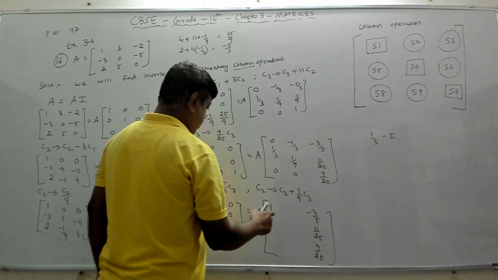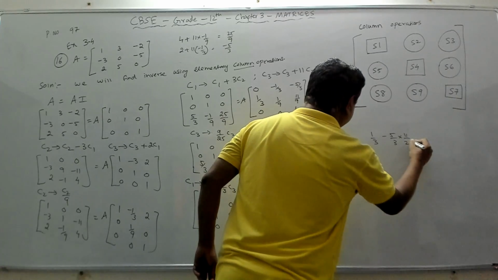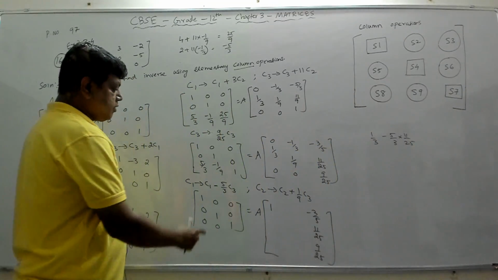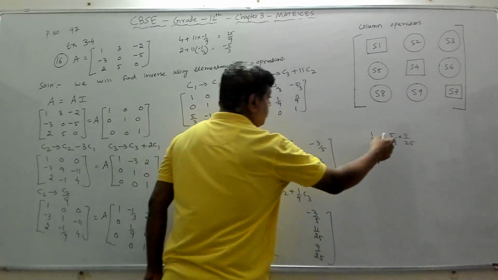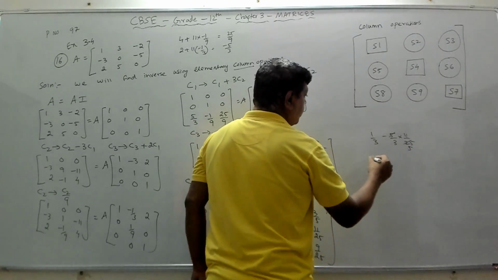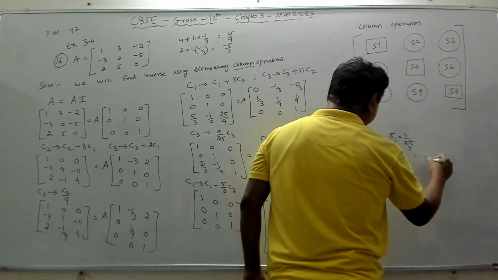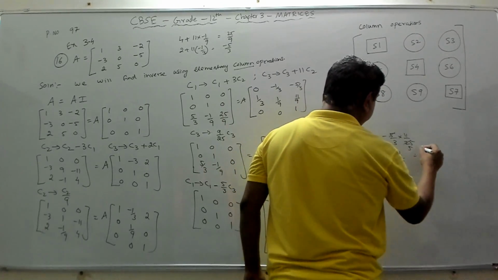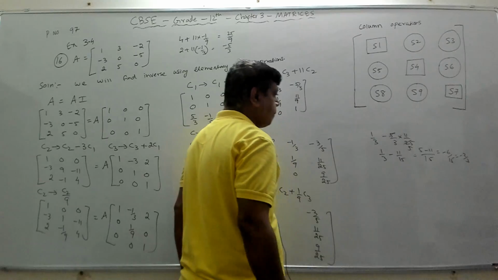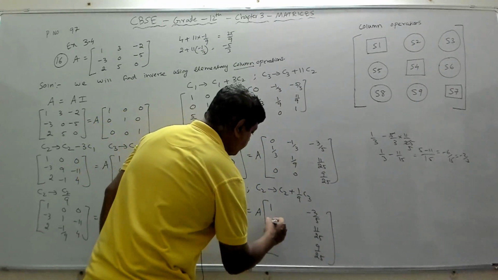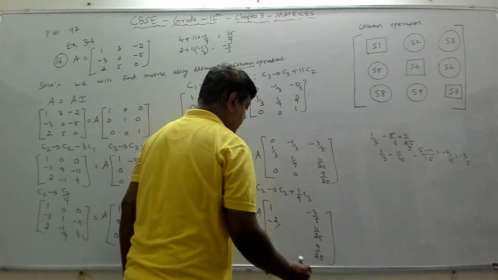C3 is 11 by 25. So 1 by 3 minus 5 by 3 into 11 by 25. If you cancel 5, you get 1 by 3 minus 11 by 15. If I take the LCM as 15, 5 minus 11 gives me minus 6 by 15. This is minus 2 by 5, cancelling by 3.